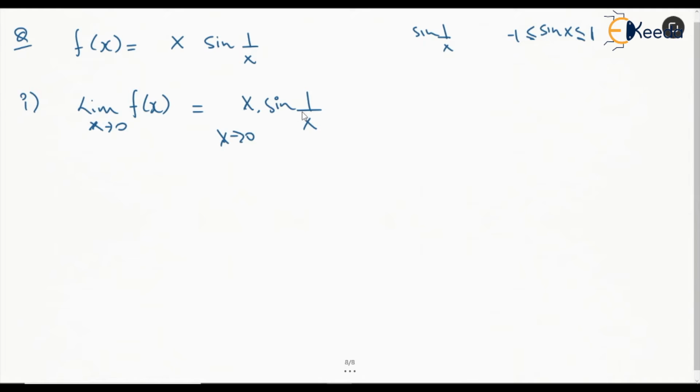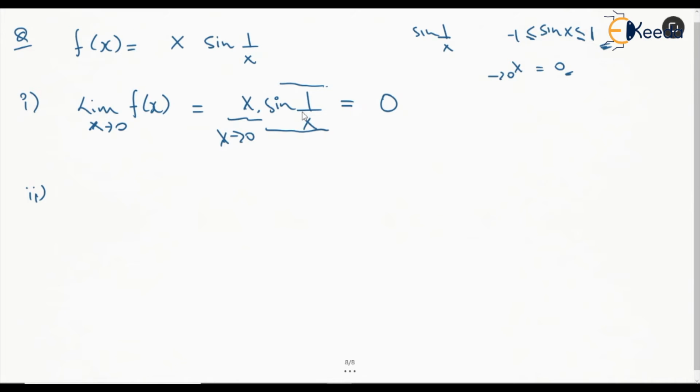So in this case, we can split this into two parts. One is x and another one is sine 1 by x. And when x tends to 0, whatever finite value this function is having, it is to be multiplied with 0. So it will become 0. Right? So this value being finite, multiplied with this 0 will give you 0. So the limit is 0.